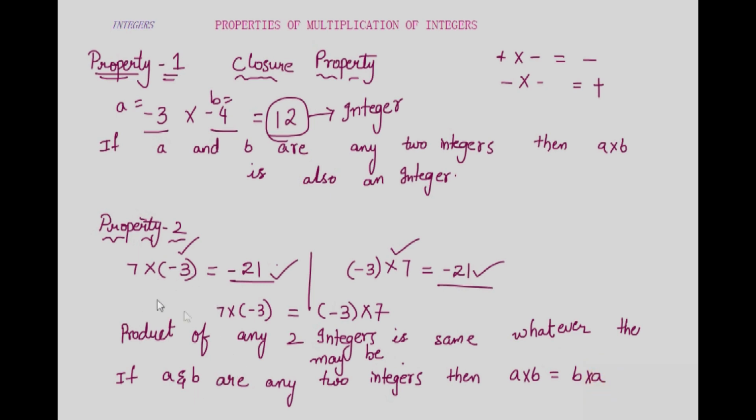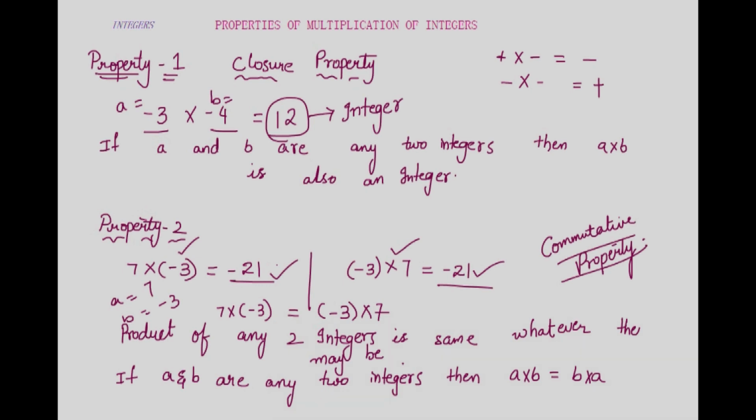Here a equals 7, b equals -3. This property is known as commutative property, and this is the second property.